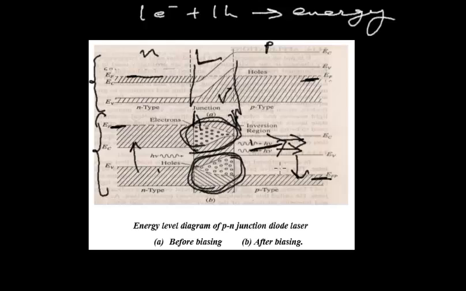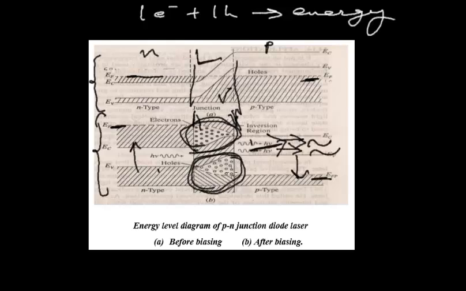Due to that stimulated emission, when electrons and holes are recombining, they will start releasing coherent radiation of very narrow bandwidth, right? This coherent radiation of very narrow bandwidth is nothing but laser light, because we know that in stimulated emission we need one incident photon.